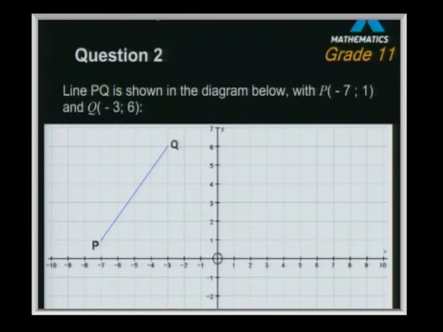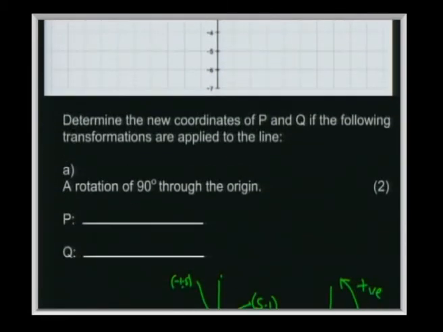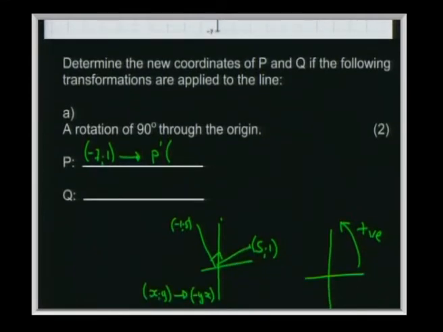P is minus 7, 1. What is that going to become? Well, P dash is going to become minus 1, minus 7.